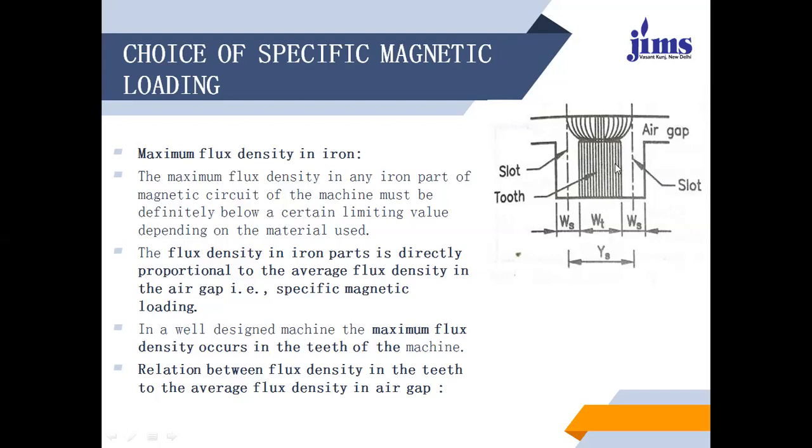The slot indicates the area covered by the flux from this point to this point, and the tooth size will be this. WT stands for the tooth width, WS stands for the slot width, and the total coil area is indicated by YS.